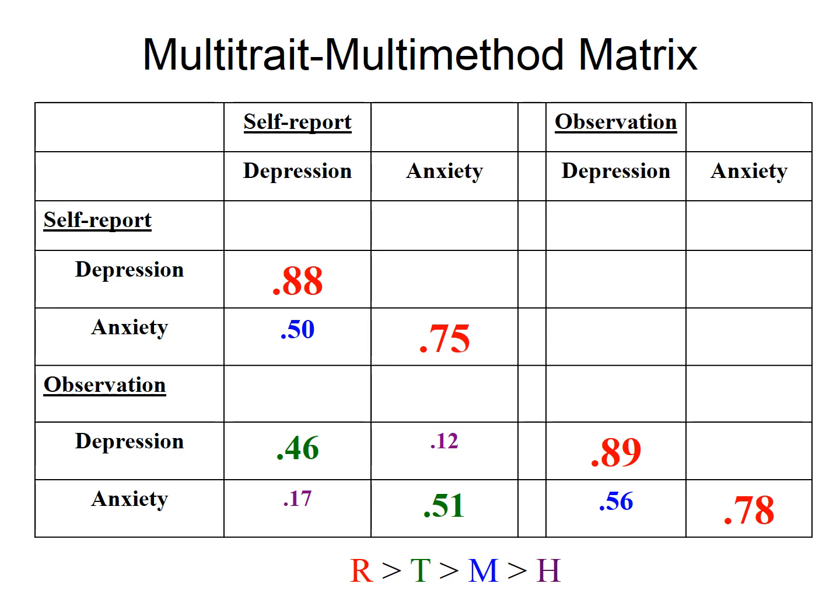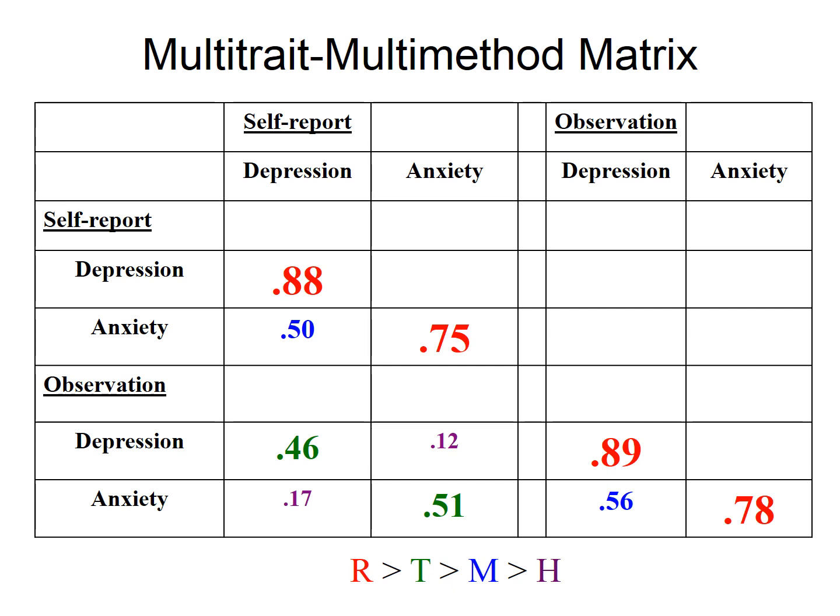So depression by self-report, by depression by observation, is 0.46. But self-report depression by self-report anxiety, same method, different construct, is actually more highly related. This would be an argument that we've got a problem. The methods are accounting for almost equal, if not more, variance than the actual traits.